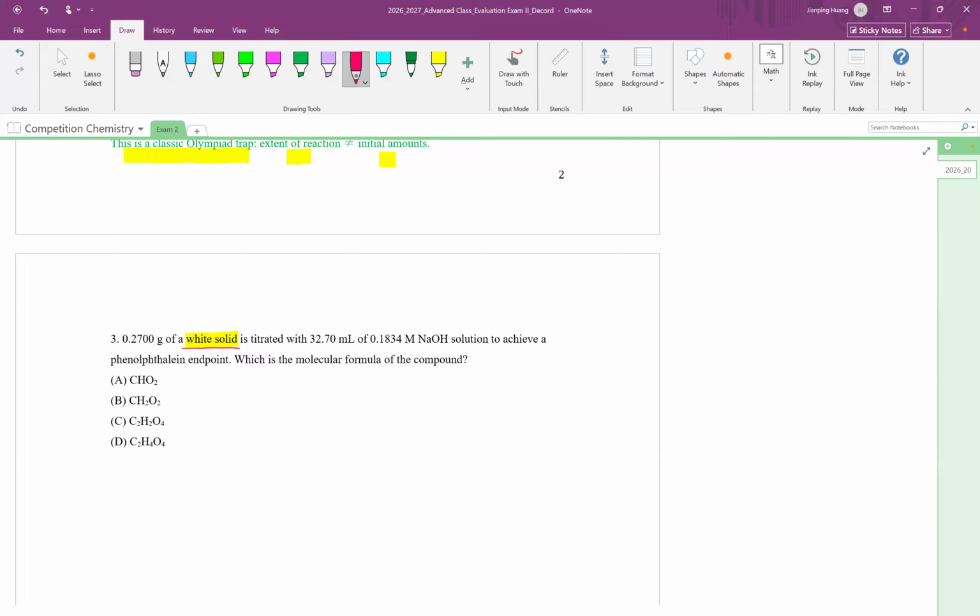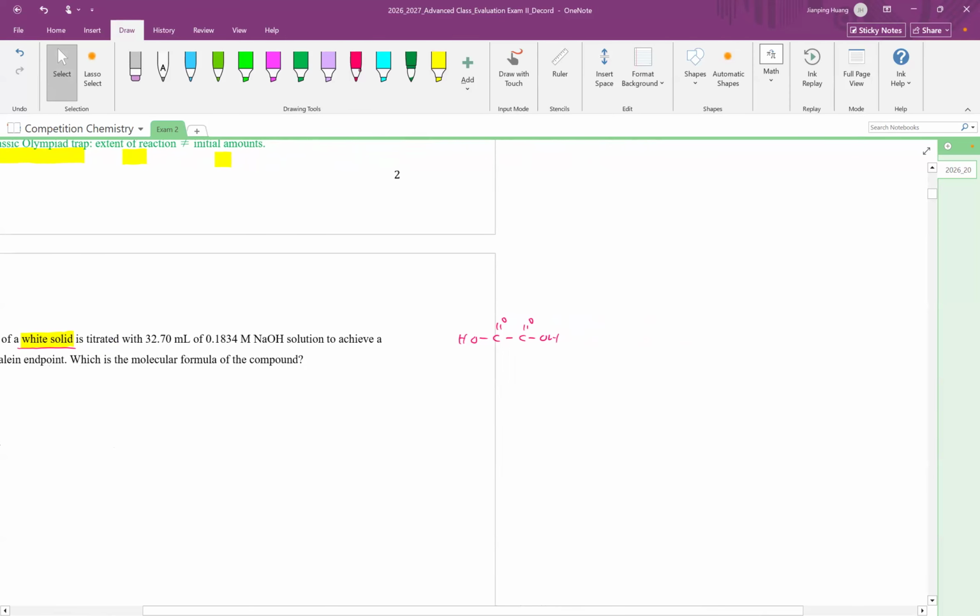Indeed. If you want me to choose, I will choose this one, to be honest. Oxalic acid, as you know, is a very common acid during the exam.